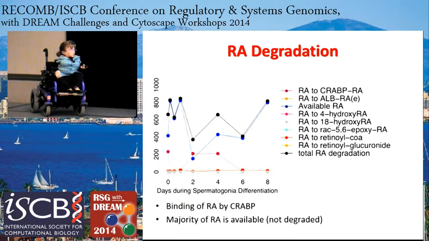Then we wanted to look at the reactions degrading RA. What we observed here was that not a lot of reactions actually had a lot of activity. A majority of them had very minimal activity. There was one reaction here that represents the binding of RA by the binding protein CRABP.